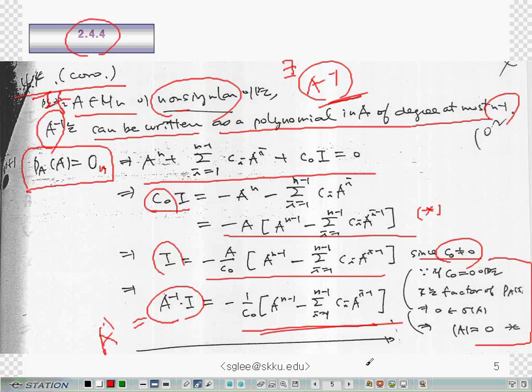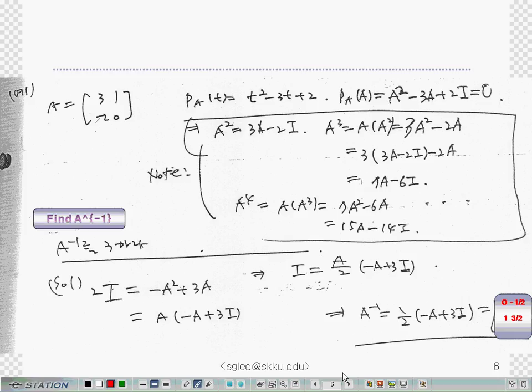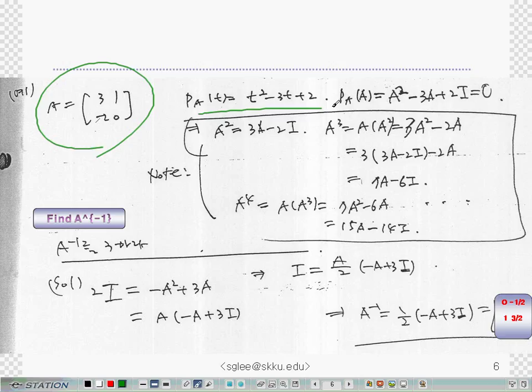You know what that means? That means, suppose we have a matrix of this form, then we know we can easily find the characteristic polynomial of it. Then we know the matrix satisfies that characteristic polynomial. From here, we have A squared, so like this. Then we can always find A squared, which is a square of these two matrices.